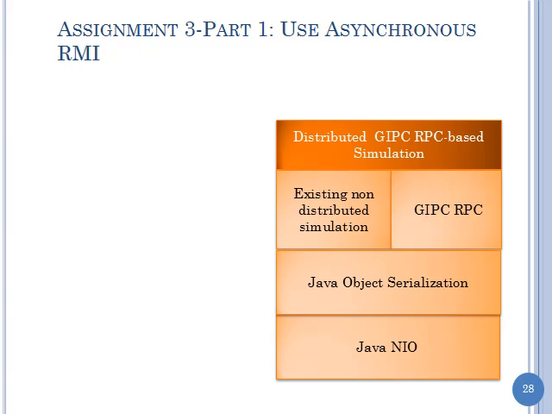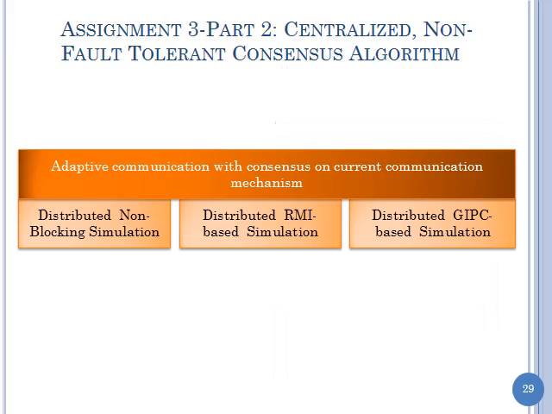Okay, so that will be interesting, because it's asynchronous. But what's particularly interesting now is that you've got three different ways to communicate among the clients. You can use NIO, you can use RMI, and you can use Gypsy. Okay?